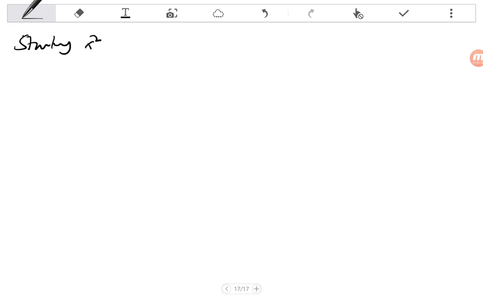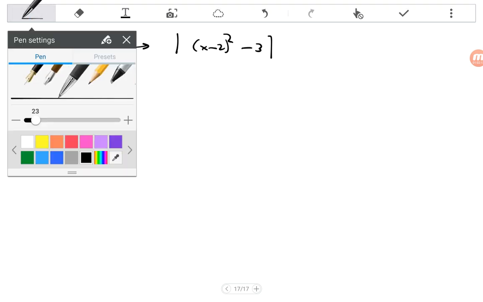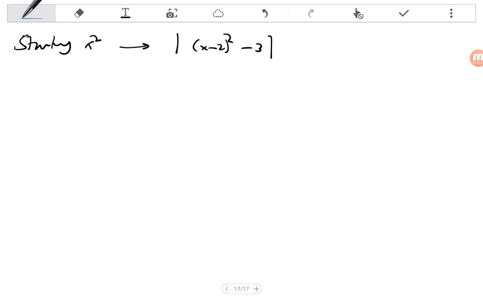Starting from x squared, give a graph of absolute x minus 2 all squared minus 3. How would I make a graph of this function? When I notice an absolute in the function, I first solve the problem without the absolute.